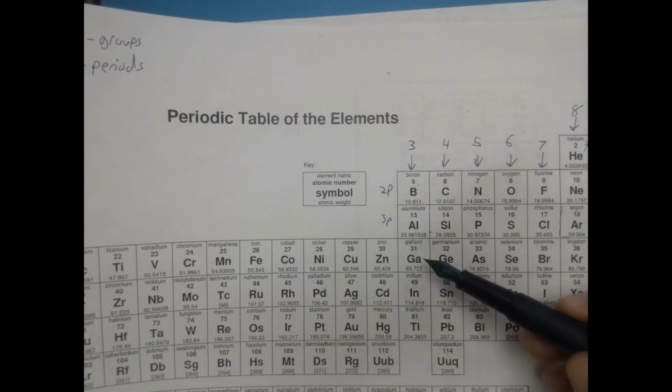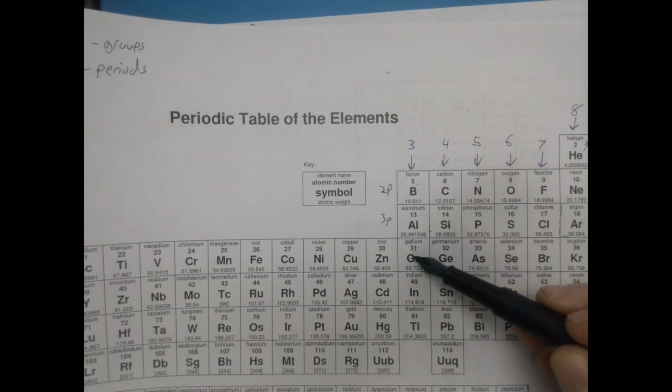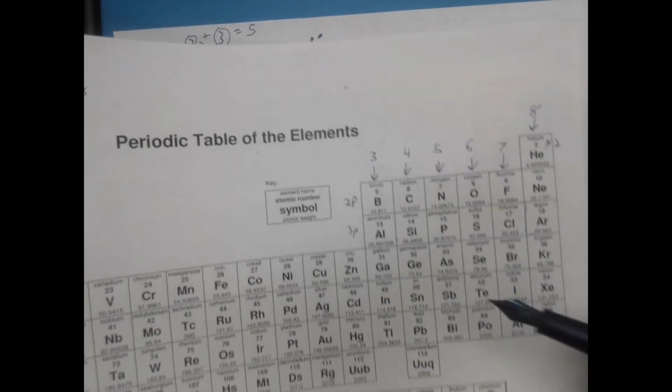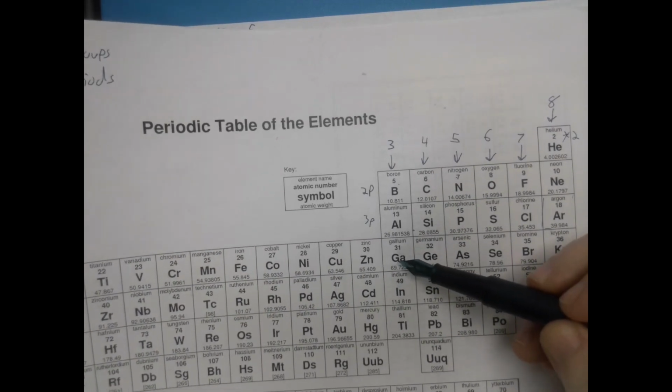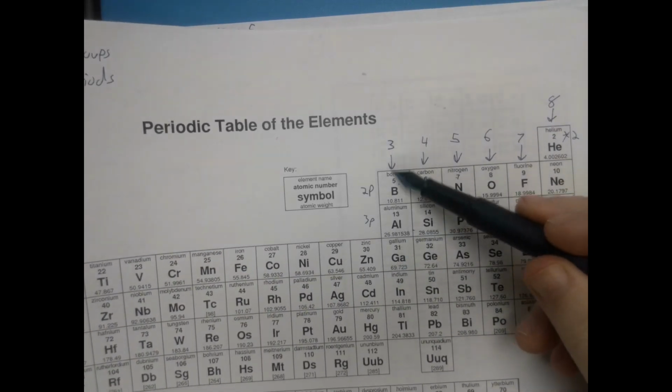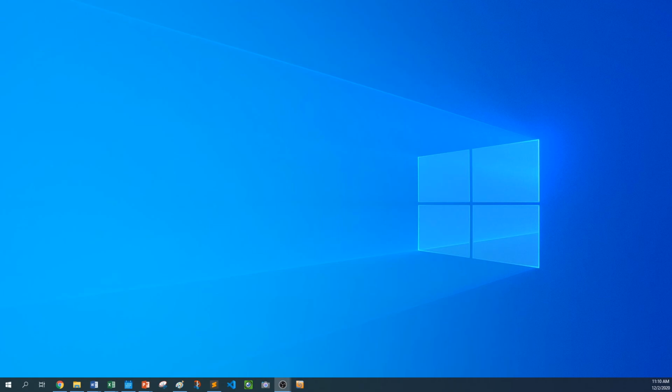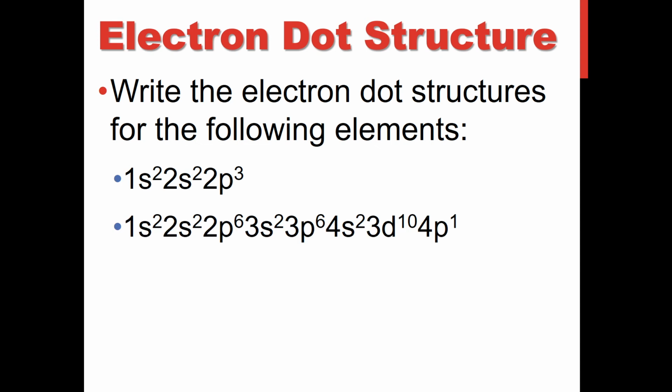This is your P's. 4p1 is right here. It's gallium. And for gallium, we don't even need to count it up. We should know it's 3 to begin with. But even looking at it, we have a 4s2 and a 4p1. That's 3. So it'd be gallium with 3 dots.